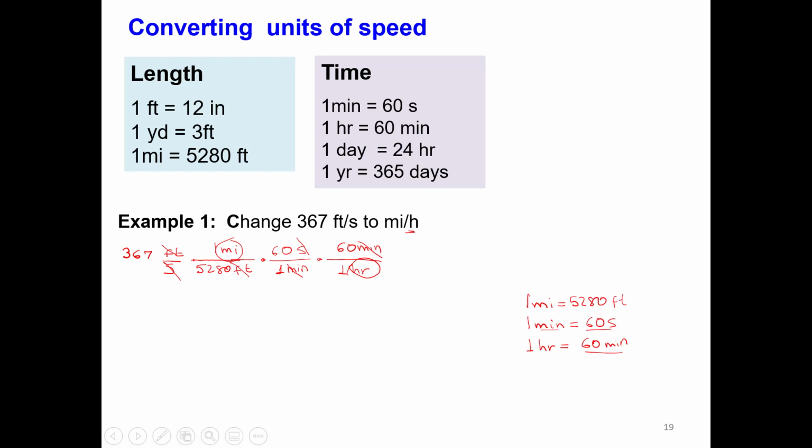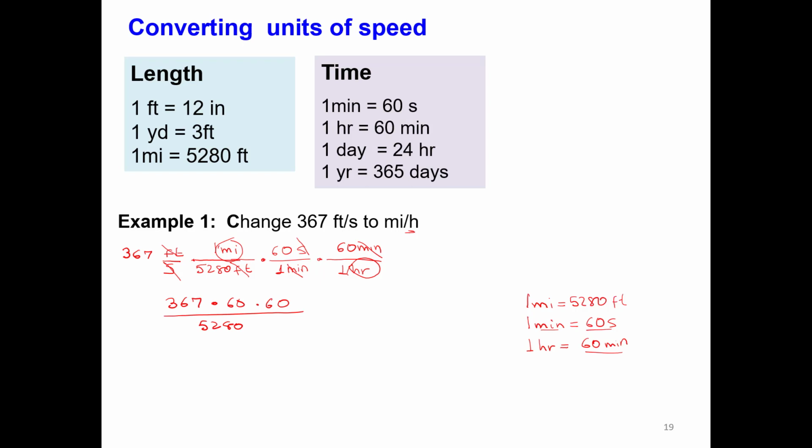Now let's multiply the numbers. What numbers did we have on top? We had 367 times 60, divided by 5,280 times 1.